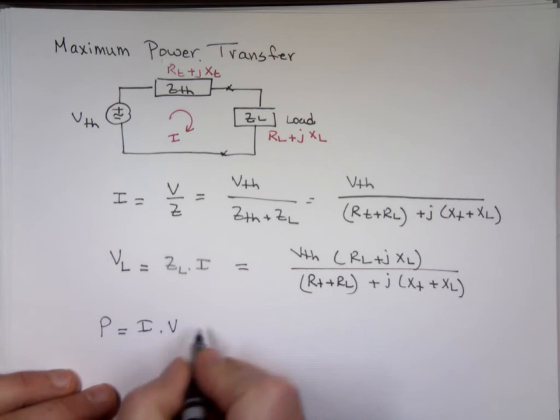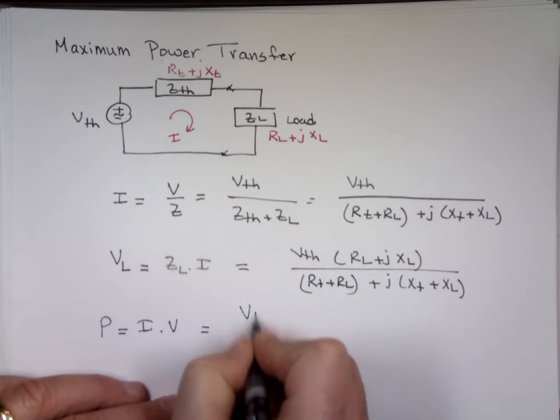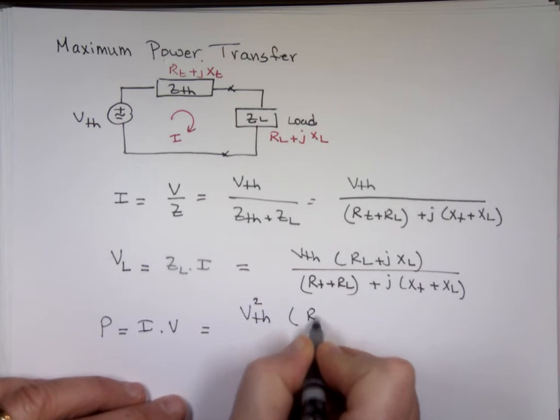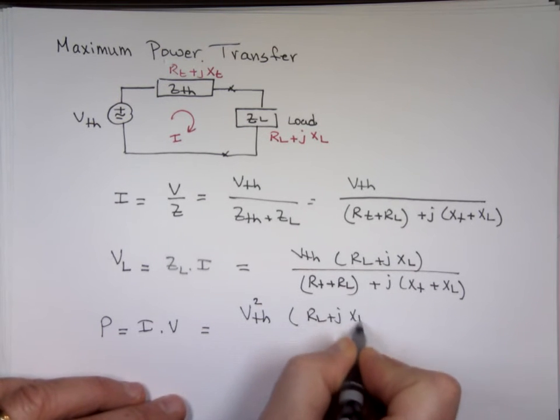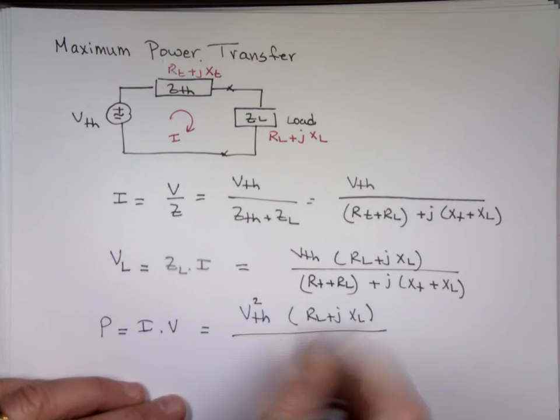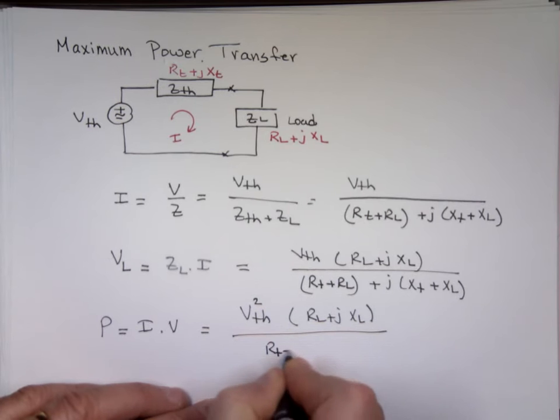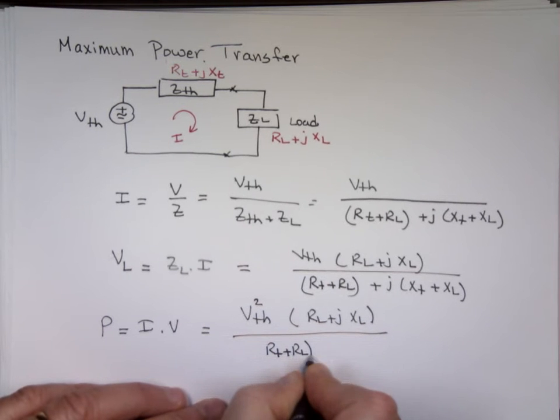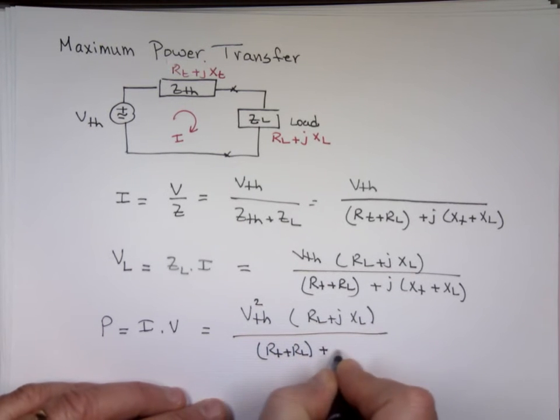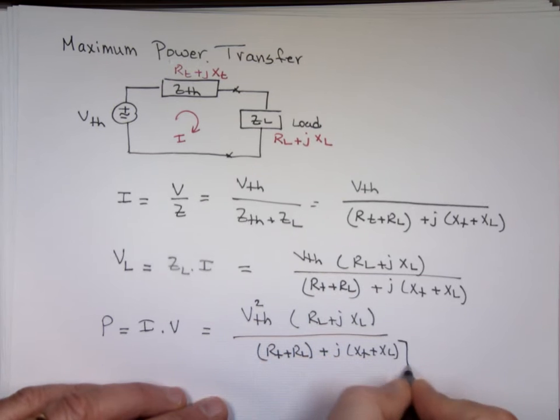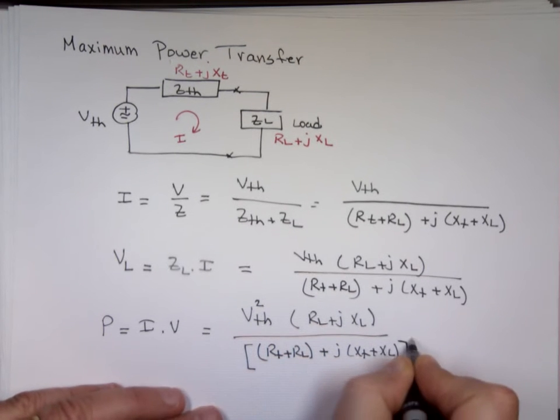This value. So it's going to be V Thevenin squared times RL plus jXL over this one squared. Sometimes I say, why am I getting myself into this math? Just put the equation there.